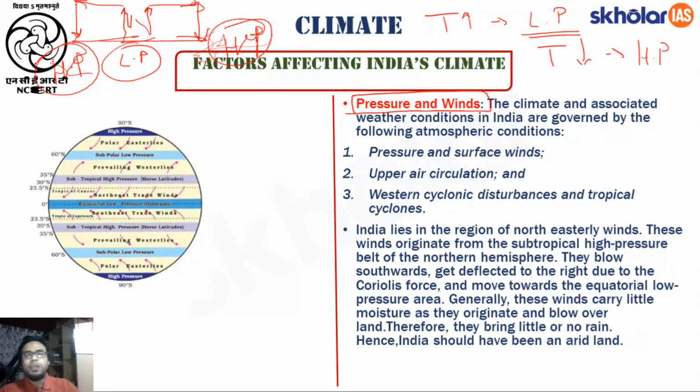Understood? So always remember, in low pressure areas your air will always rise, and in high pressure areas your air will always subside. And always remember, rainfall, precipitation will be seen in those areas where we have low pressure, because in these areas your air is rising, that is convection, and because of this the air gets cold, condensation happens, which results in precipitation, right?